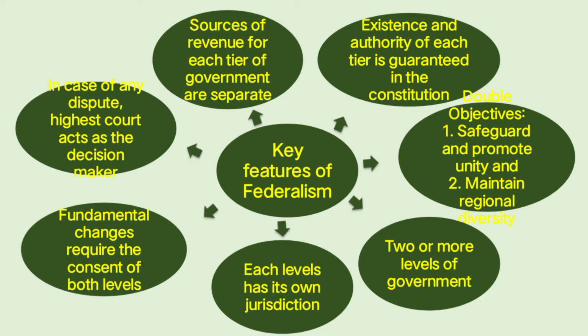Fundamental changes require the consent of both levels. That's why no changes can be done unilaterally. Each level has its own jurisdiction, its limitation of authority. Two or more levels of government is a key feature of federalism.